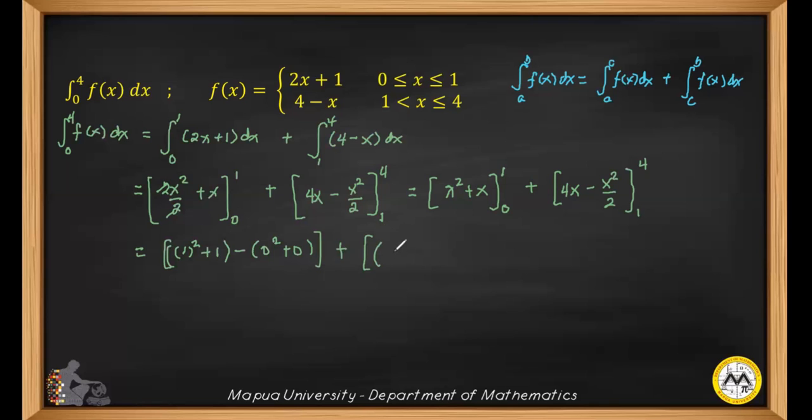So at the upper limit, we will have 4 times 4 minus 4 raised to the second power divided by 2, minus the value of the indefinite integral at the lower limit 1.